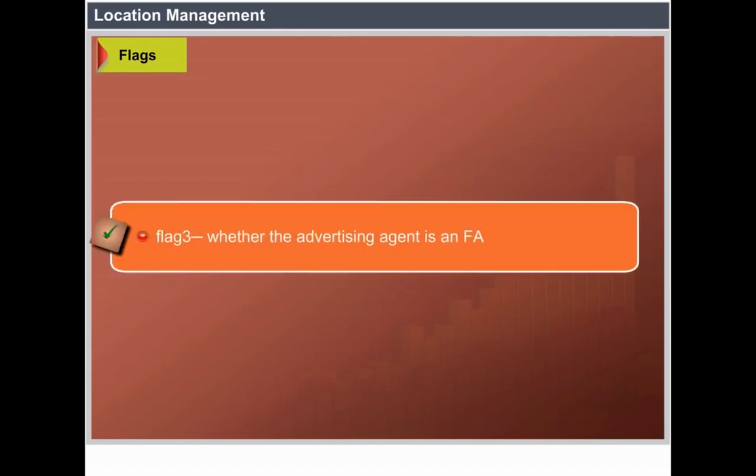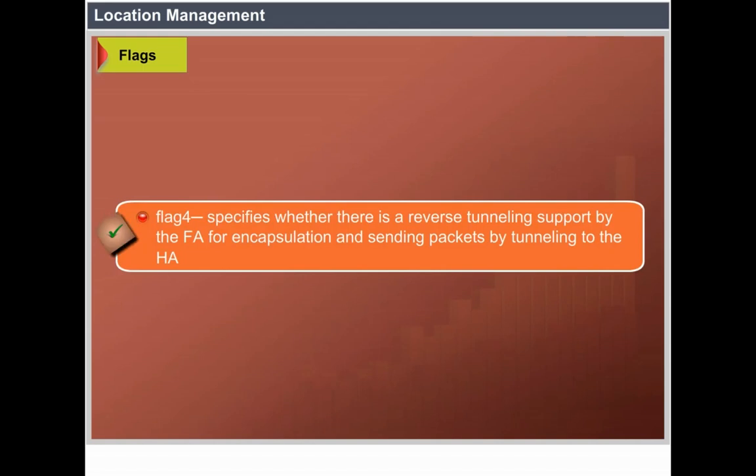Flags. Flag 1: whether the COA is a co-located COA. Flag 2: whether the advertising agent is the HA. Flag 3: whether the advertising agent is an FA. Flag 4 specifies whether there is reverse tunneling support by the FA for encapsulation and sending packets by tunneling to the HA.